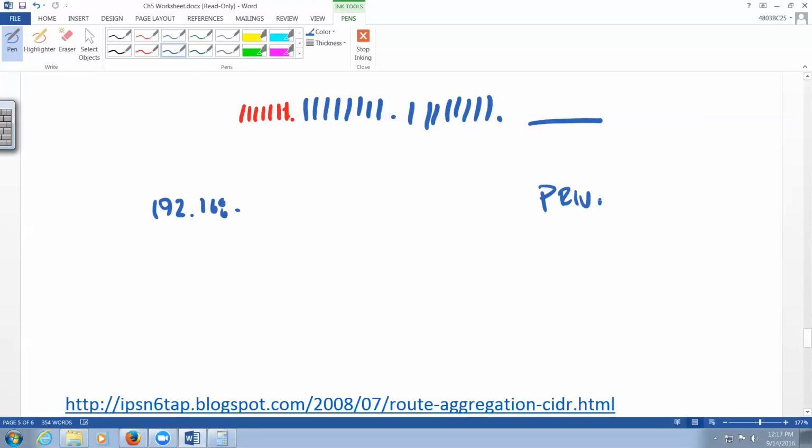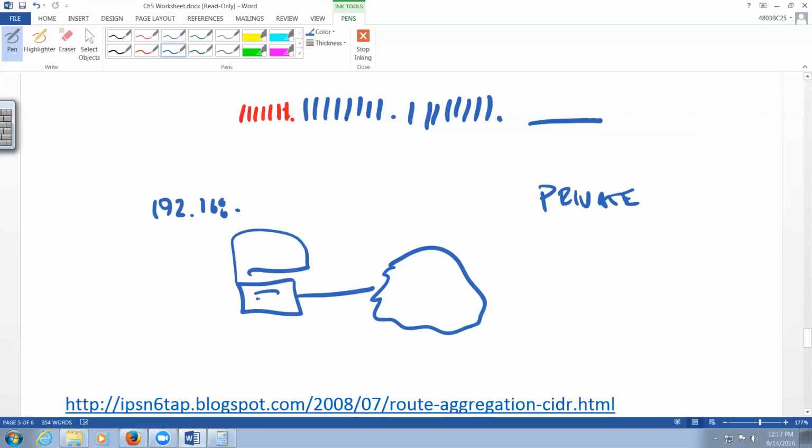Private. So if you're on the internet out here, you cannot route directly to 192.168. It's private, and your gateway device at home is acting as a router. It's routing your one IP address to all your backend stuff through something called network address translation that we'll get to.